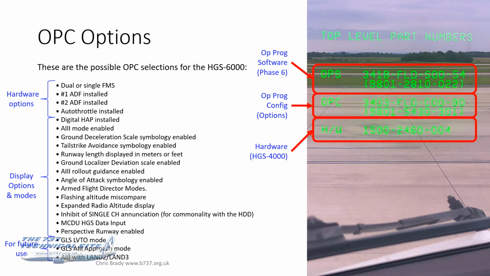Tail strike avoidance symbology, runway length displayed in meters or feet, ground localized deviation, A3 rollout guidance, alpha symbology, but that is standard. ARM flight director modes, flashing altitude miscompare, expanded radar display, inhibitor of single channel enunciation, McDo HGS data input, perspective runway. So there you display the various options and modes.